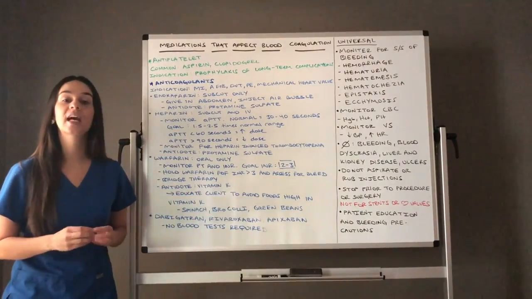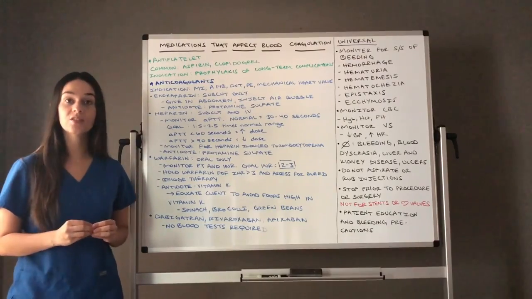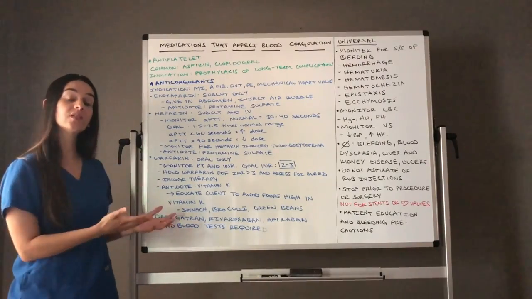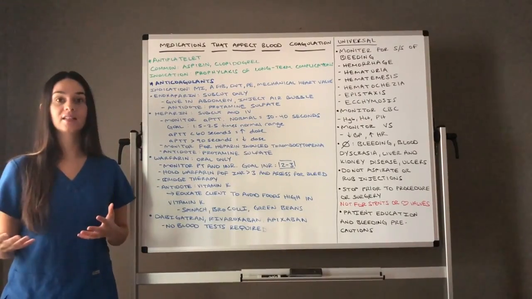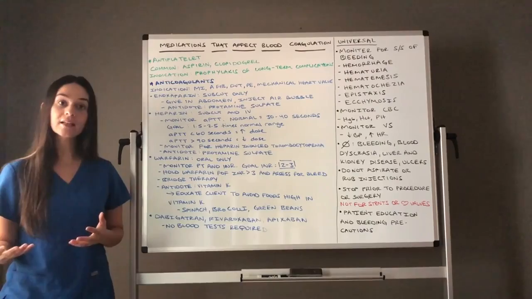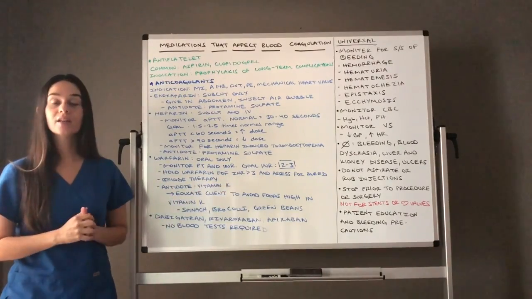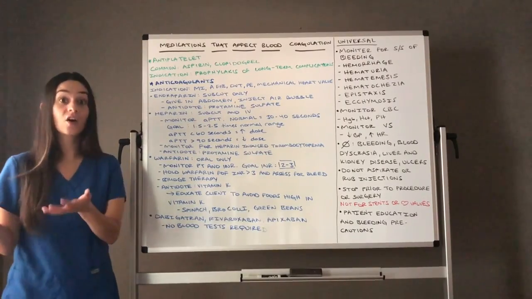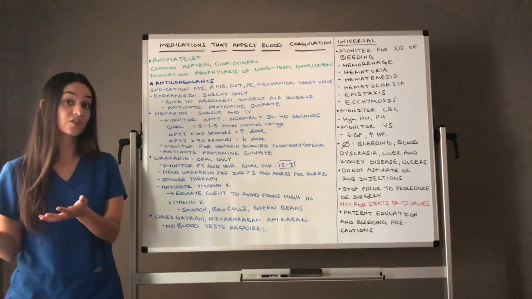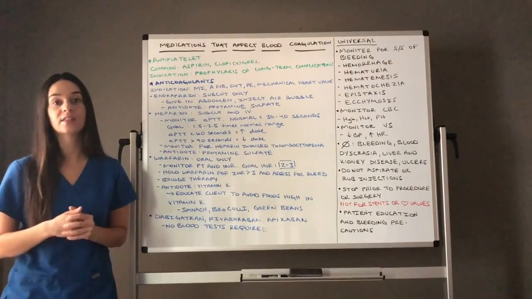The majority of these medications we have to stop prior to procedures and surgery, because we know these drugs are influencing blood coagulation, meaning that these clients are at a higher risk of bleeding. So we need to stop them prior to surgery or invasive procedures, because having those procedures already increases their risk of bleeding.